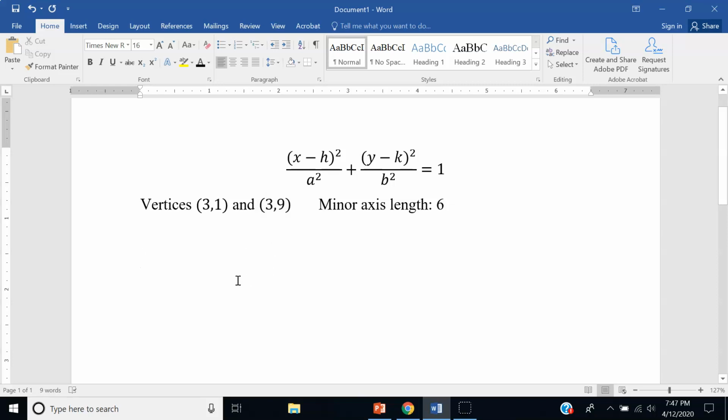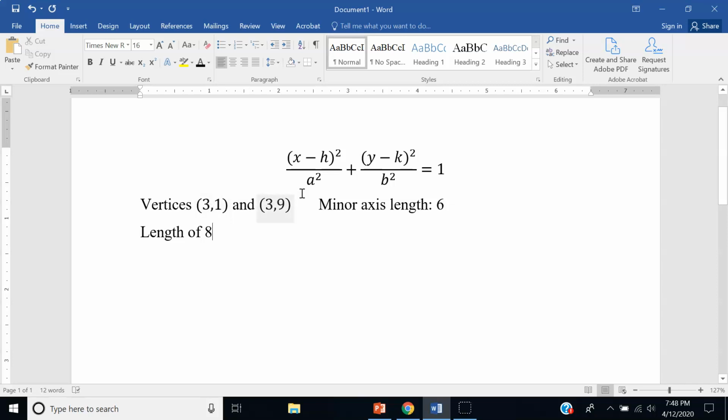There is a length of 8 units between those 2 points. This says the minor axis has length 6. Therefore, these vertices must be the vertices at the ends of the major axis.